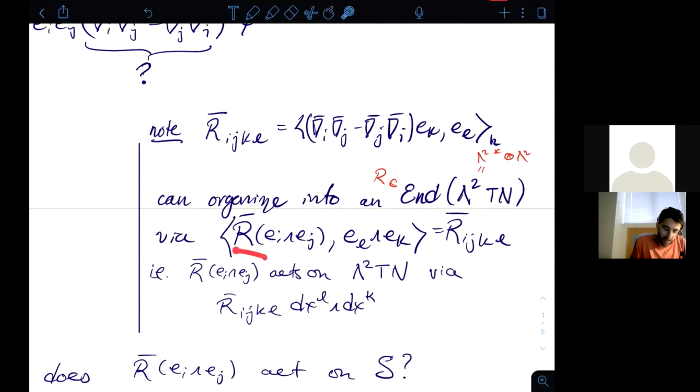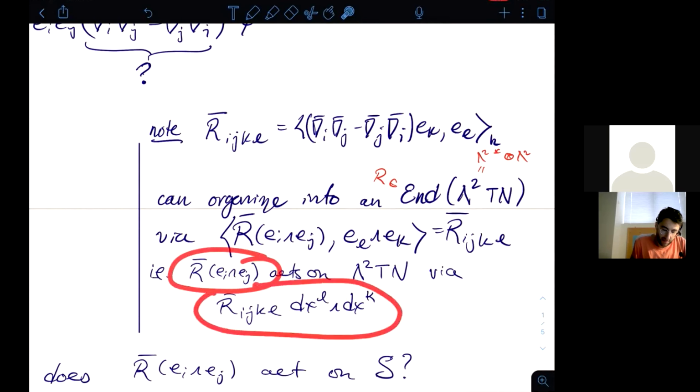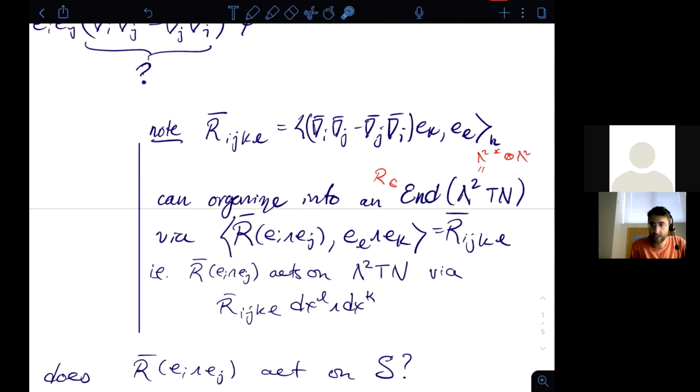And so you would say that this acts by pairing with the following one form, or pairing, I've written the dual basis here, so that's something that eats in 2 vectors. So it acts like this: R IJKL, and then DXL wedge DXK, again with the K and L reversed.